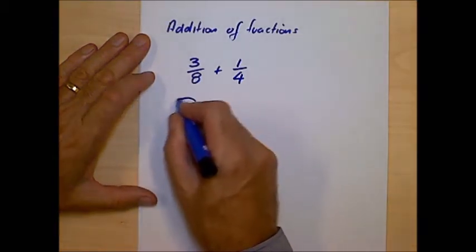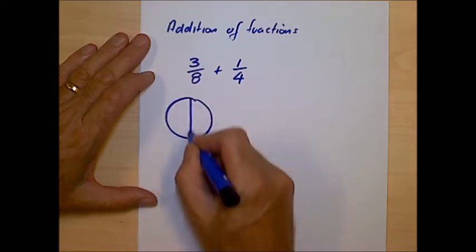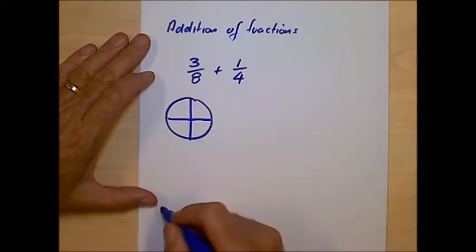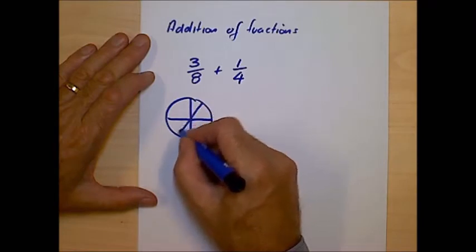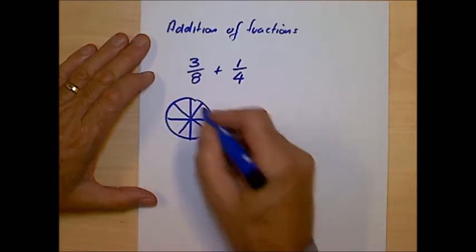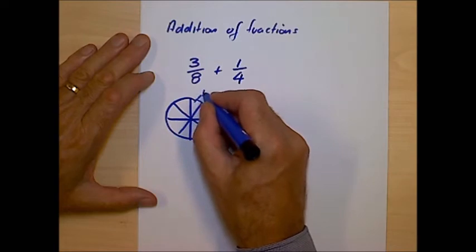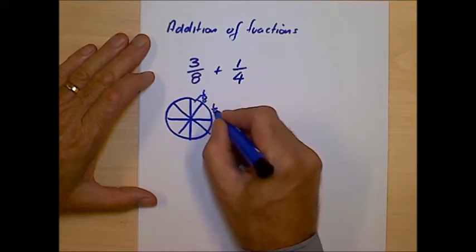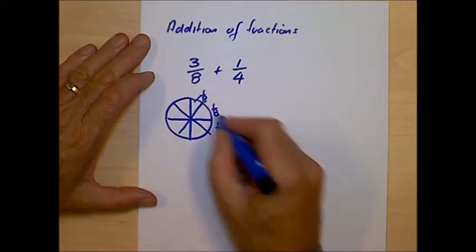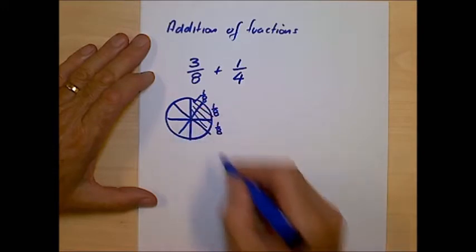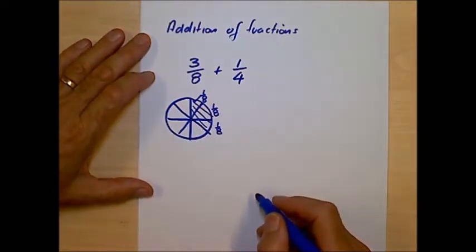If we draw a picture here, we can see again that for the 3/8 we would have to divide, for example, a pizza up into 8 equal parts, and we are choosing 3 of those. 1/8, there's another 8, there's another 8. So that would be the amount equal to 3/8.